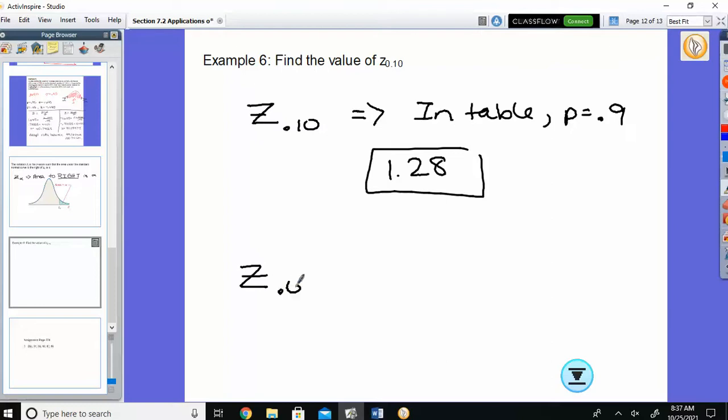I want you guys to do this one. So find z of 0.65. It's saying that 65% of the data is to the right. So what probability are you looking for?